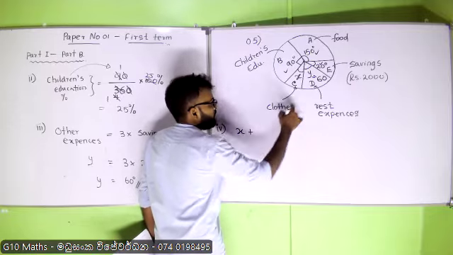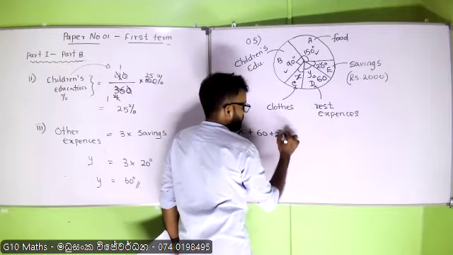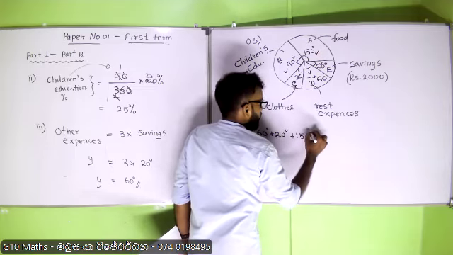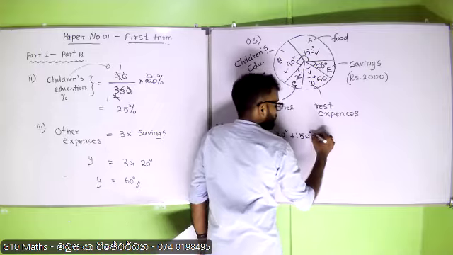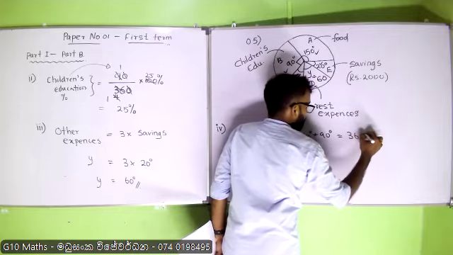x plus 60 degrees plus 20 degrees plus 150 degrees plus 90 degrees equals 360.